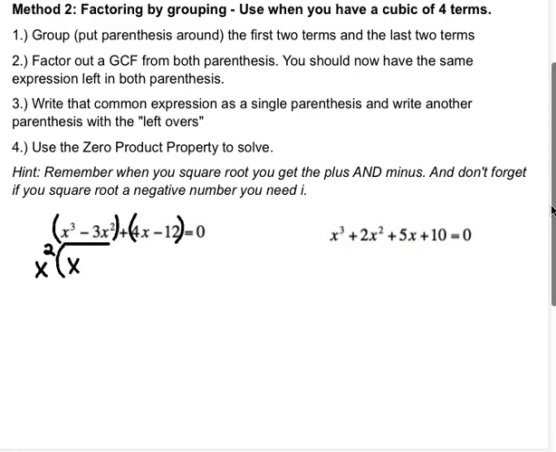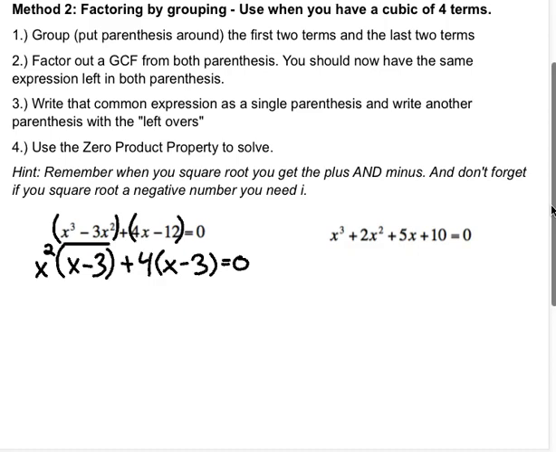It's going to drop the degree by 2, and a -3. In the second piece, 4x minus 12, hopefully you can see a 4 is going to pull out of that one, and I'm going to be left with x minus 3 again. So you factor each parenthesis individually.